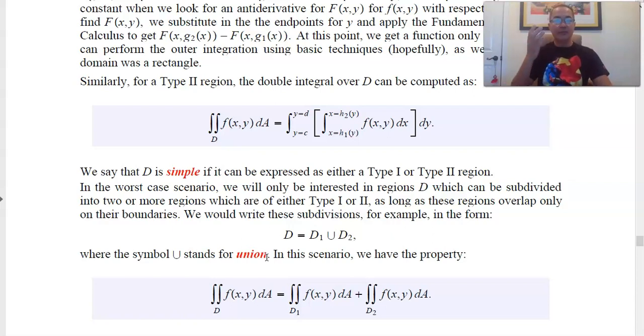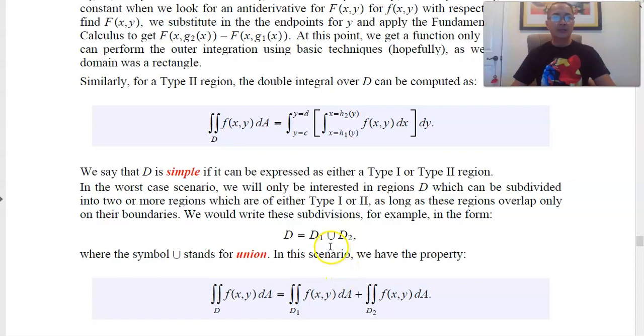Of course, when we divide a region into subregions, they can only overlap at the edges. So basically, no double dipping. They can only intersect at their edges.